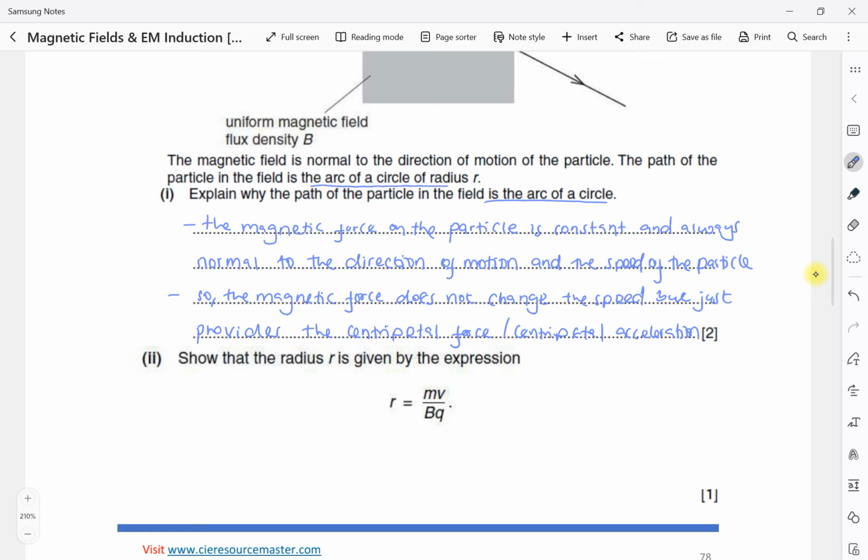Show that the radius r is given by r equals mv over Bq. So since the magnetic force provides the centripetal force, we shall just equate the magnetic force to the centripetal force.